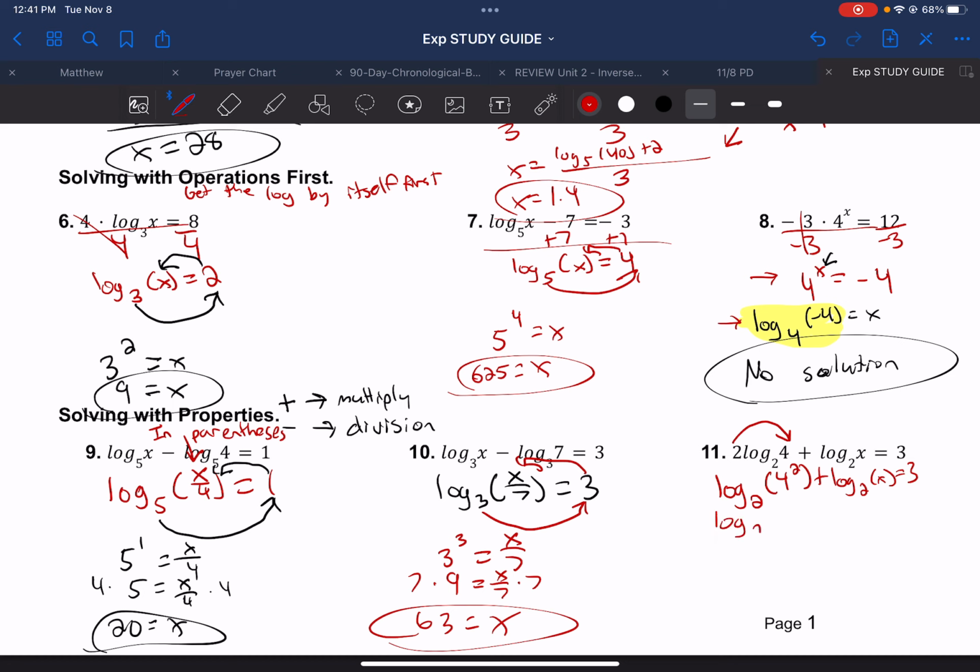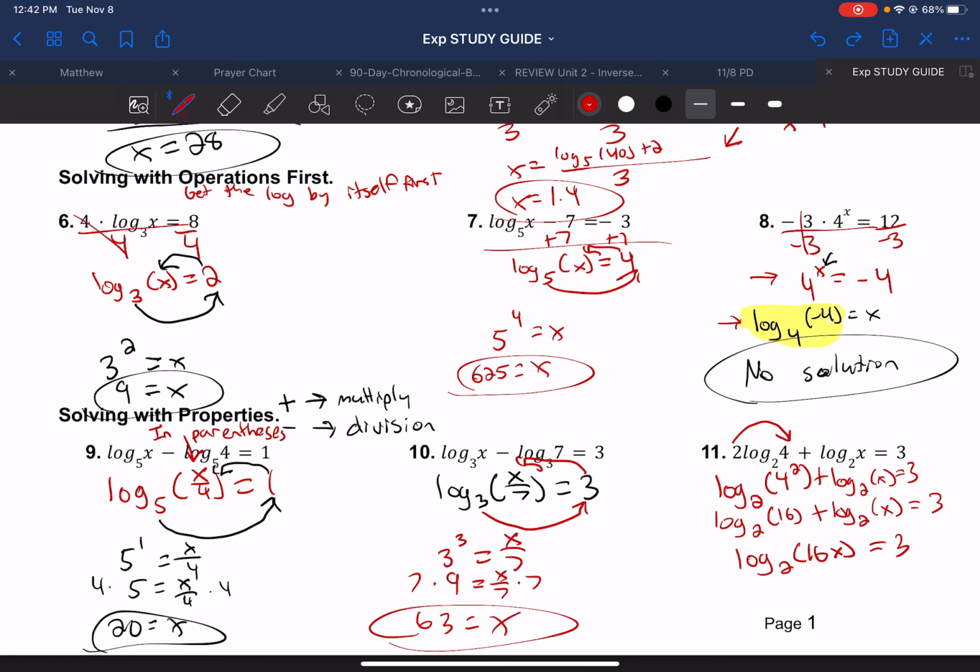So rewriting that, log base 2, 4 squared gives me 16, plus log base 2 of x. So, like I said, log base 2 of 16 times x, which is just 16x, equals 3. So this step right here, I'm combining by multiplying what's in parentheses, 16 times x.